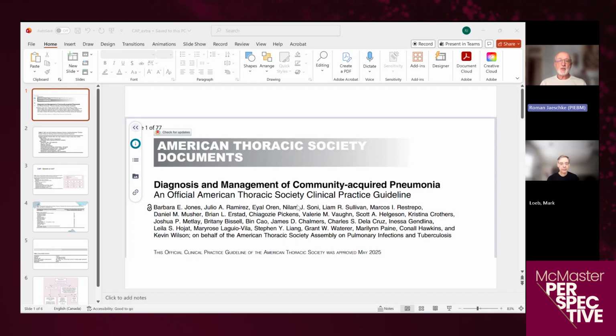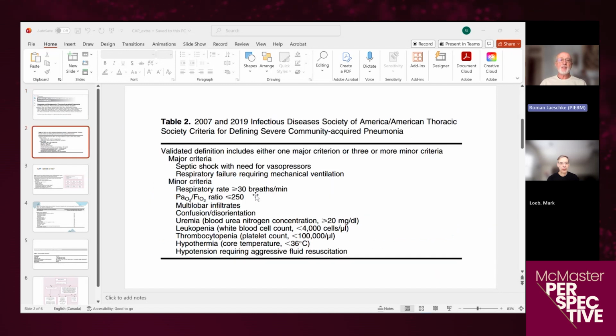I believe that before we start, it may be worthwhile to introduce some vocabulary and definitions which were used in these guidelines. The guidelines provide recommendations depending on the severity of community-acquired pneumonia, and it may be relevant to go over what they considered the reason to classify something as severe pneumonia.